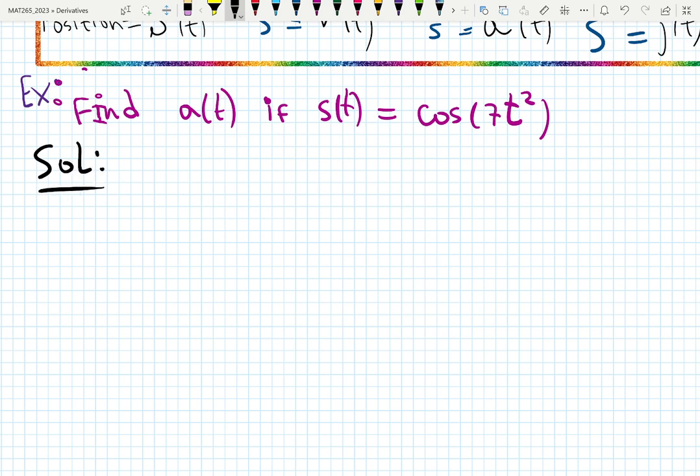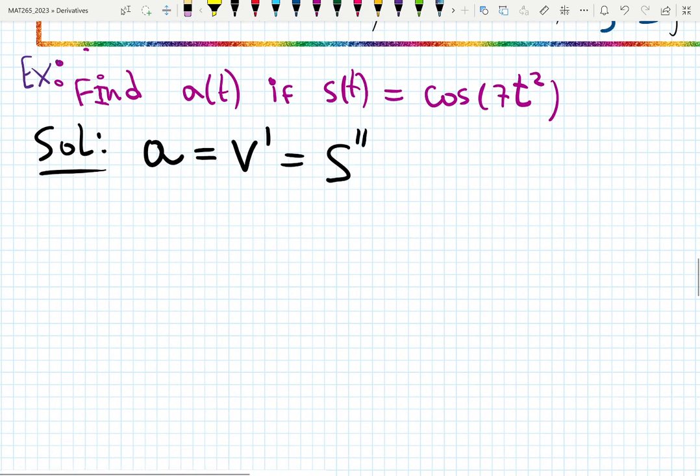Whichever one is better than the other. So let's make a note. We know that A is the derivative of V, or the second derivative of S. So you just need to know that. At least students usually know these three. That's good enough. So at the end of this class, we're gonna learn how to go back from acceleration to distance using integration. It'll be very fun. Usually students like that too.